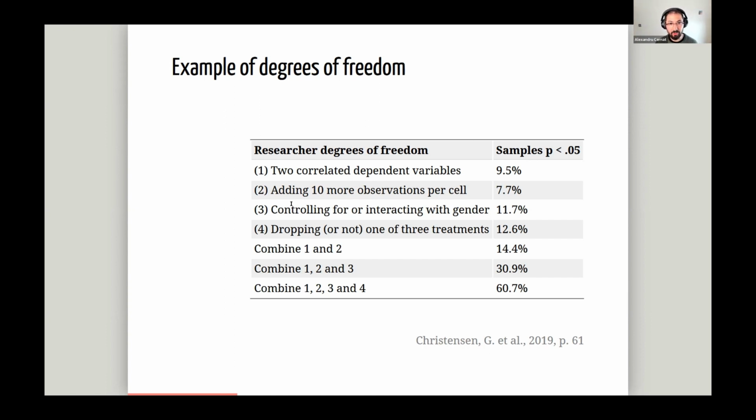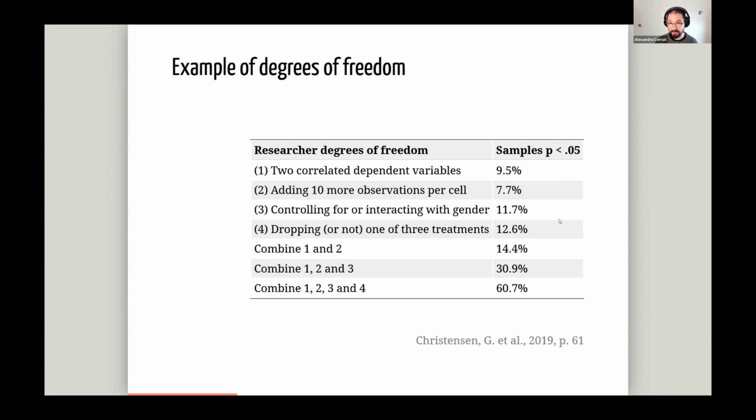So for example, they included dependent variables that were correlated, they included 2 more observations, they included the interaction, and they dropped one of the groups. So you see, as you make some of these arbitrary decisions, the likelihood of finding a significant result increases, even though, again, the truth is there's no relationship here.